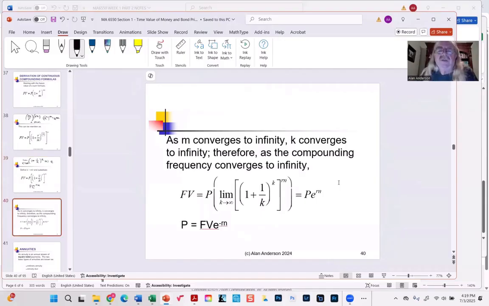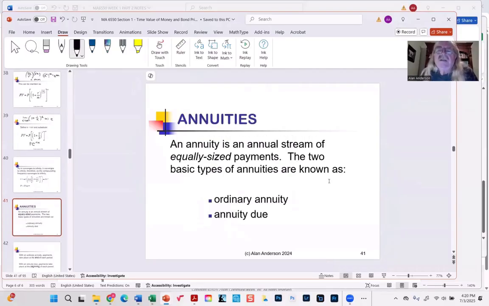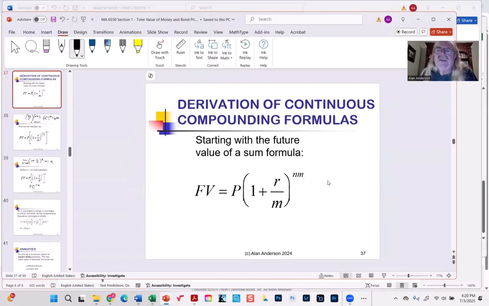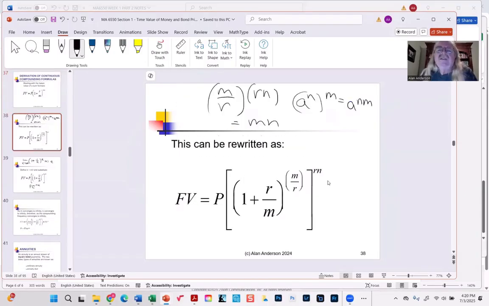And that's all there is to it. And then for the present value, we just invert this and we end up with FV e to the minus rn. So, as far as proofs go, it's pretty simple. I'm sure you've seen much worse in real analysis class, but that's all there is to it.